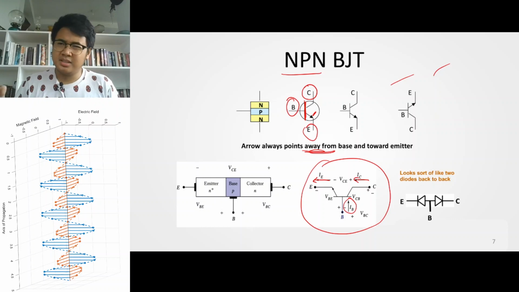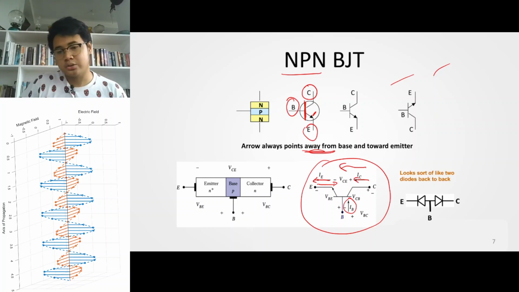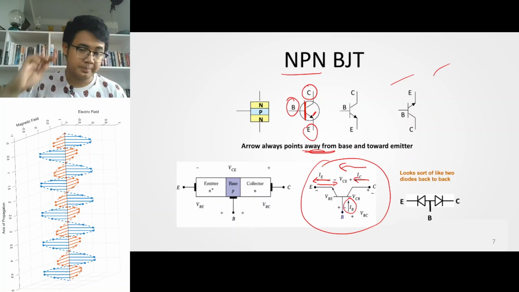But since the emitter emits free electrons, shouldn't the current flow from the emitter to the collector? The actual flow is from the emitter to the collector, but we're talking about electrons. So using the conventional definition of current, the current is actually from the collector towards the emitter.